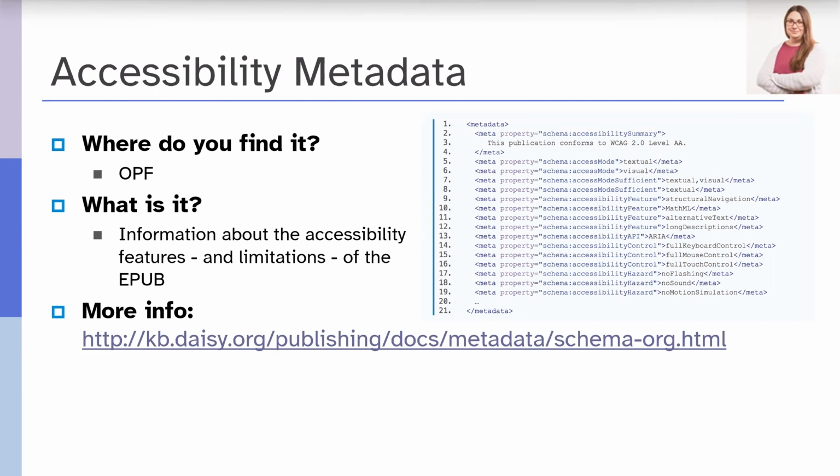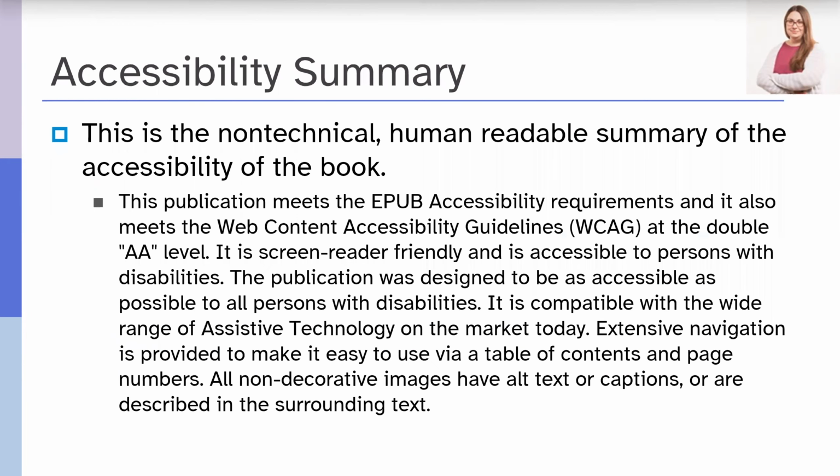There's another piece of accessibility metadata that I think is particularly important. On the previous slide, we just had a very short accessibility summary: this publication conforms to WCAG 2.0 AA. But there is an opportunity with the accessibility summary to give a really significant amount of information to your users.